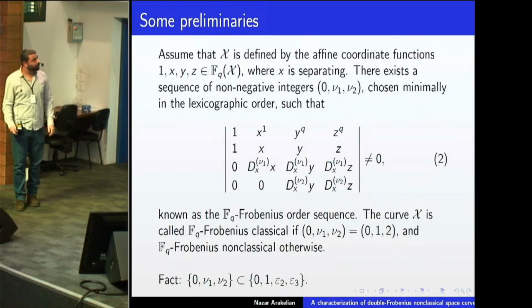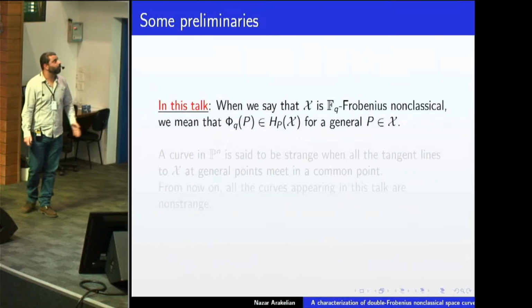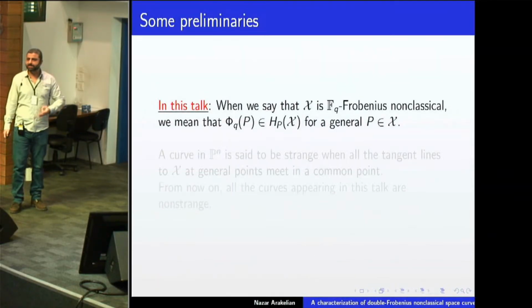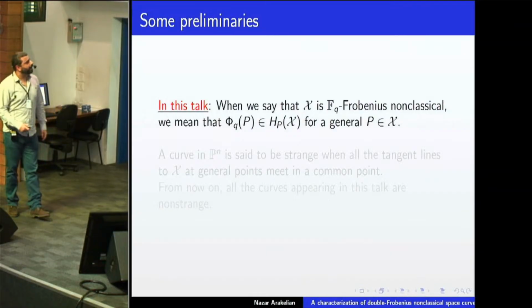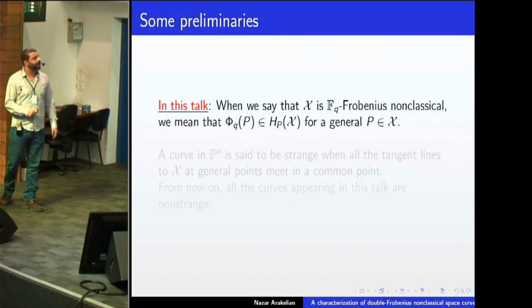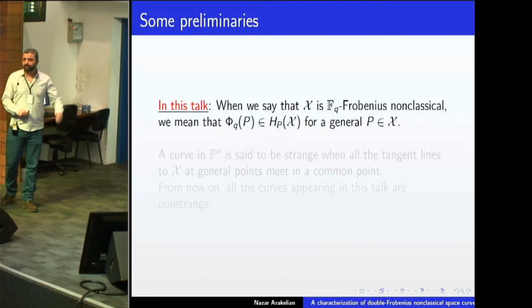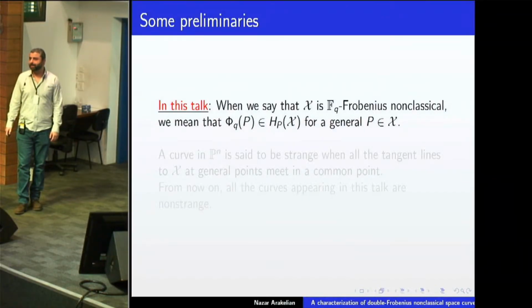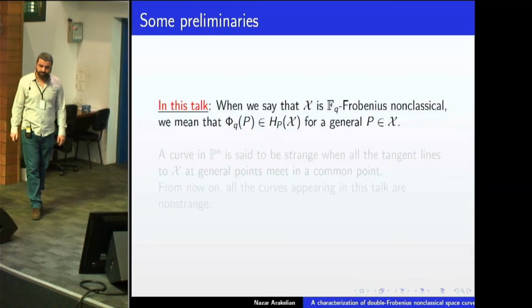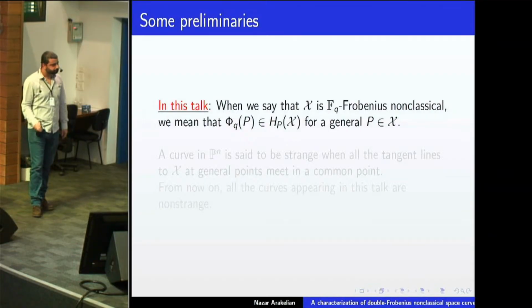So in this work, and in particular in this talk, every time I say that your curve is Fq-Frobenius non-classical, I mean that the image by the Frobenius map of a general point is in the osculating plane to the curve at this point.